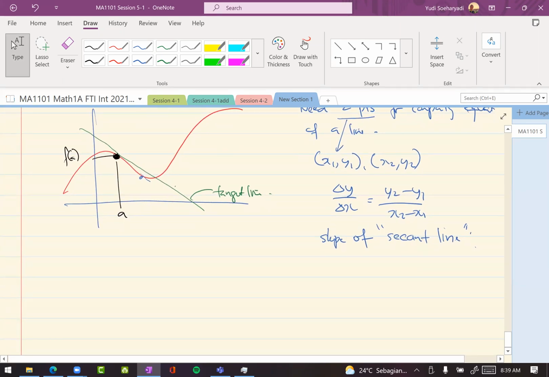So a tangent line is determined by only one point.